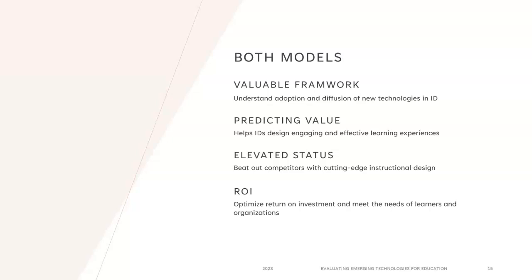They help organizations achieve an elevated status by beating out competitors with cutting edge instructional designs. And they impact our return on investment by meeting the needs of learners and organizations in a way that is cost effective and, again, very attractive to the learners.